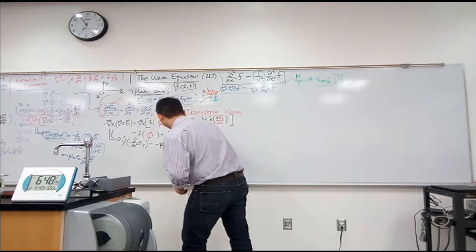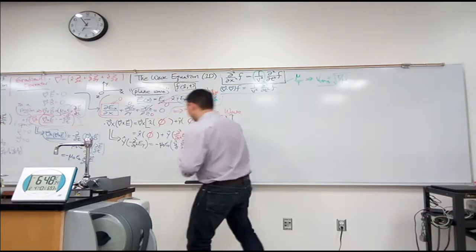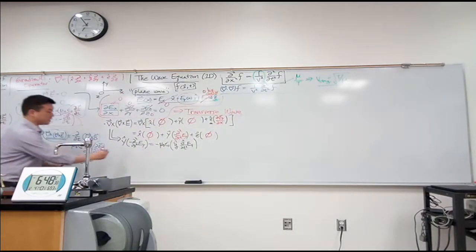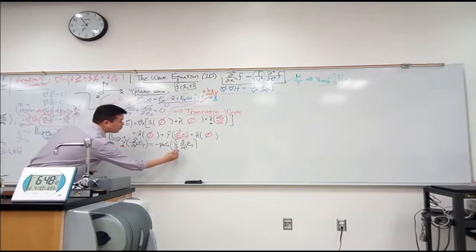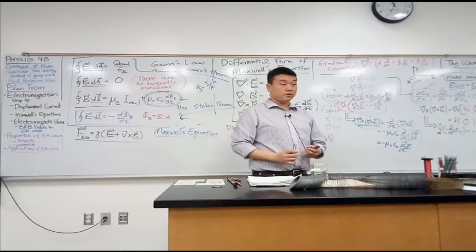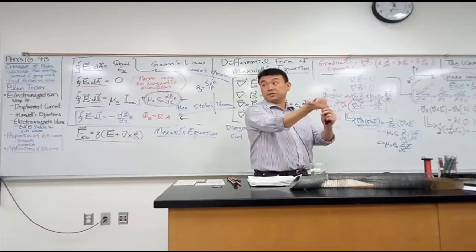And this is one place where we see something reassuring, because it's the same component, y hat and y hat. If these had been different components, then we would be in trouble. Then the only way to satisfy that equation would be to say the whole thing is 0, because something in the y hat direction cannot equal something in the z hat direction.